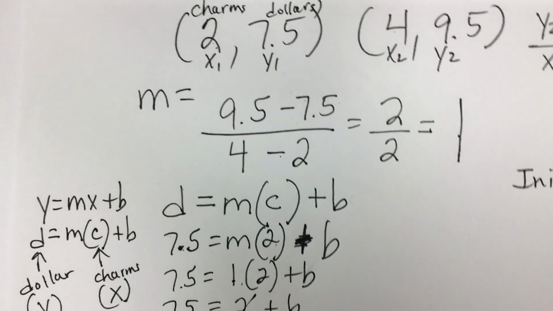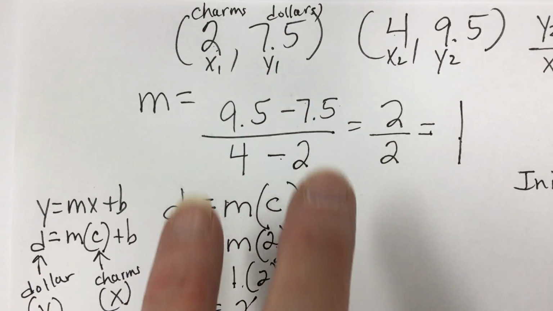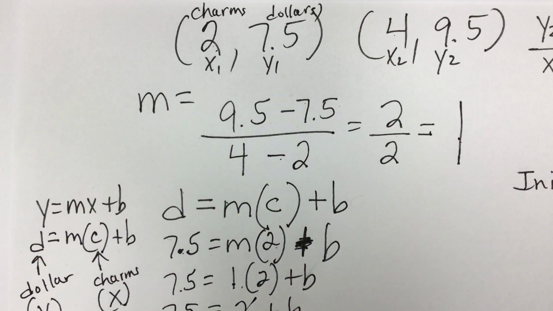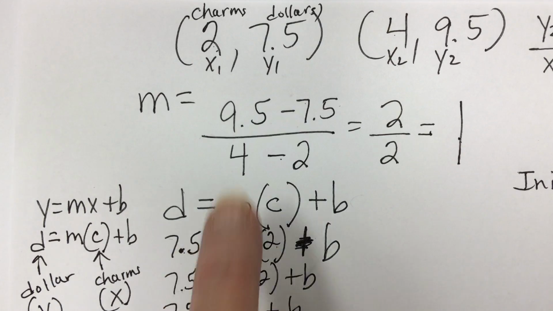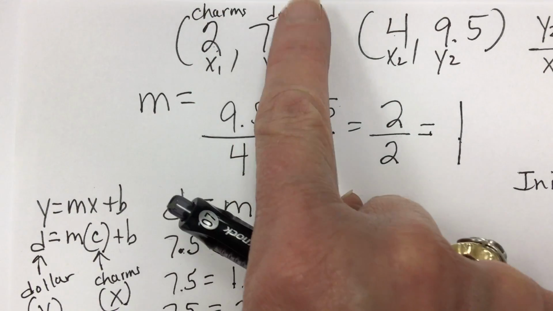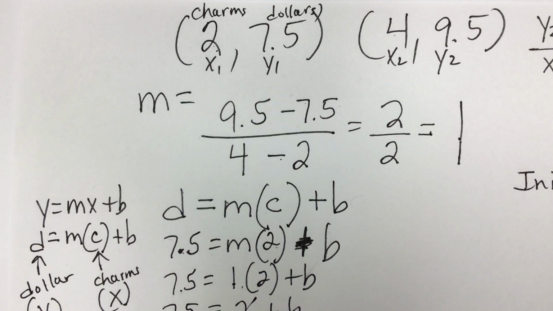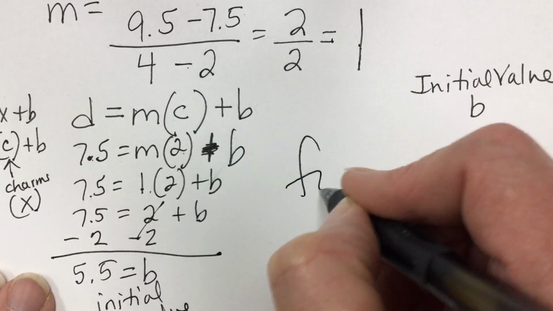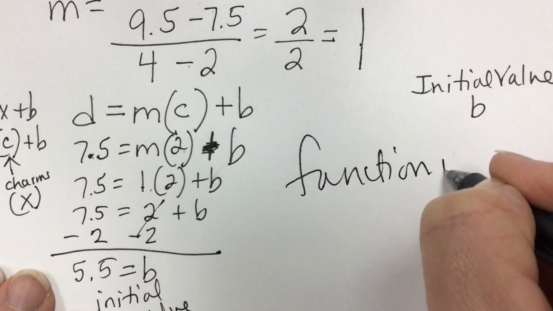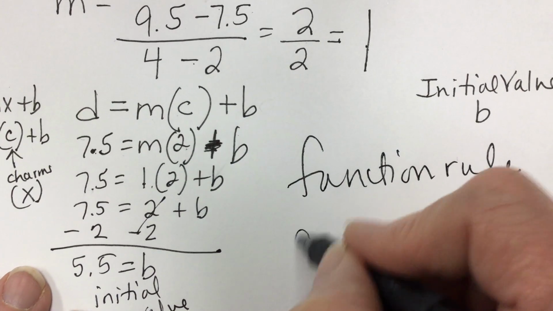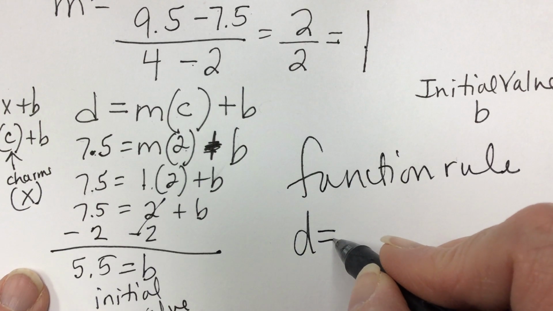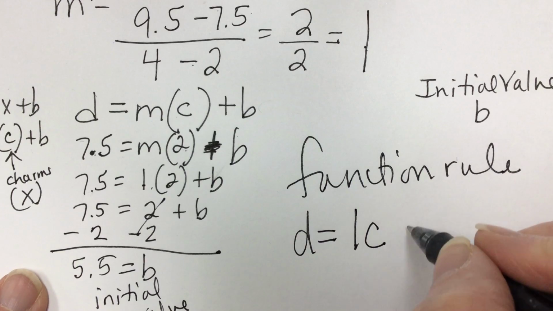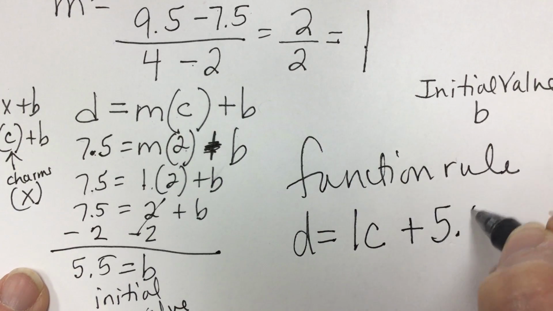So we plugged in the point, the x and the y, into the two values here, which remember, x is your C and y is your D. So my initial value is 5.5. Therefore, my function rule: D is equal to my slope, 1, times the number of charms, plus 5.5.